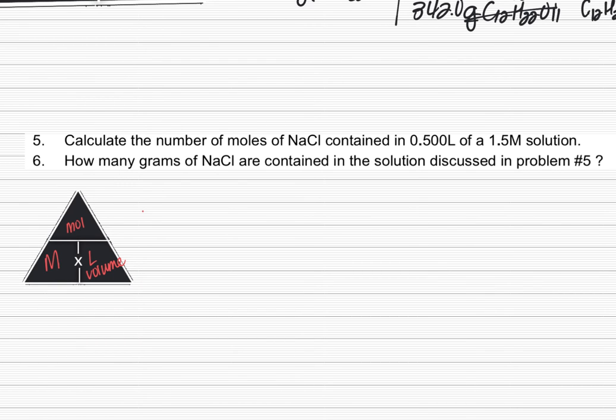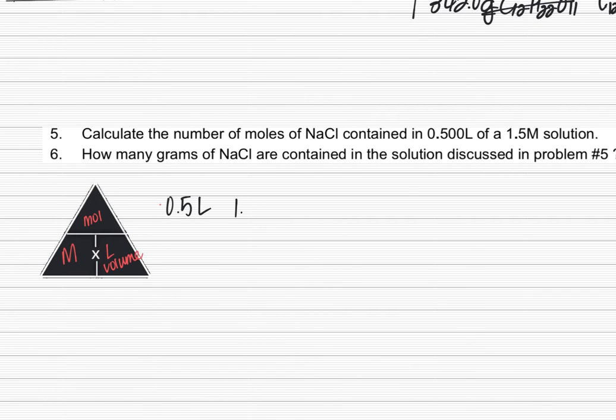And number 5 is calculate the number of moles of sodium chloride contained in 0.5 liters of a 1.5 molar solution. So this question is a little bit different. We're given our volume, which is 0.5 liters, and we're given our molarity, which is 1.5. So if we look here at our triangle, we are given our molarity and our liters, and it says if we want to find our moles, which is up top, we just multiply the two and it will tell us how many moles.